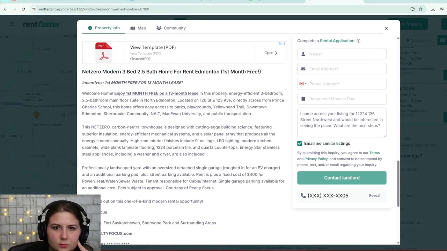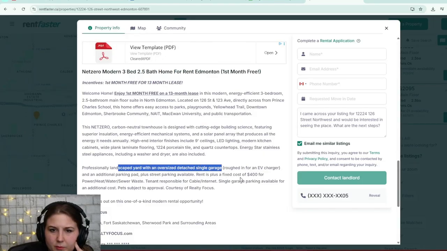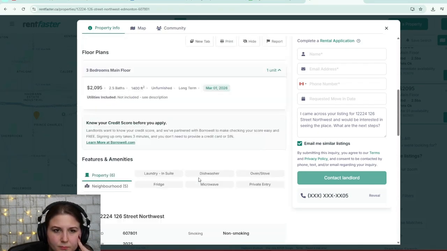See description. Professionally landscaped yard. Rent plus a fixed cost of $400 for power, heat, water, sewer, waste. Yeah, so that's all of your utilities.